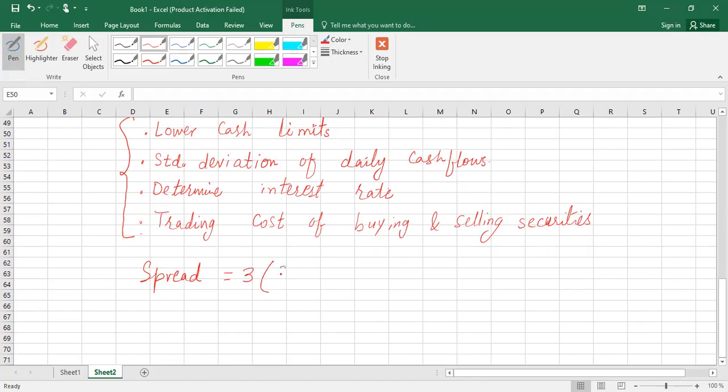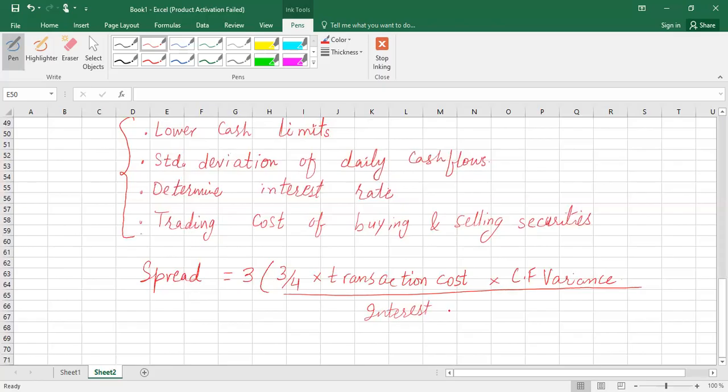3 into 3 by 4 into transaction cost into cash flow variance divided by interest rate, raised to the power 1 by 3.